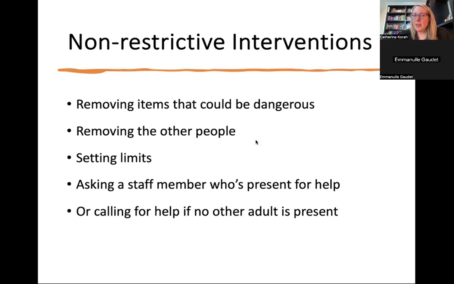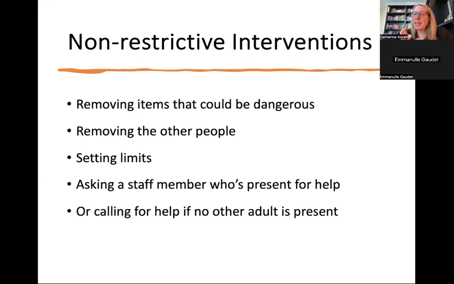Removing the audience. Focusing on setting limits, but like I said, being very brief, concise, and giving few choices. Having another adult present, and if they're not present, we call for backup. And that is so, so important, because things can switch in a split second with an impulsive, explosive child.